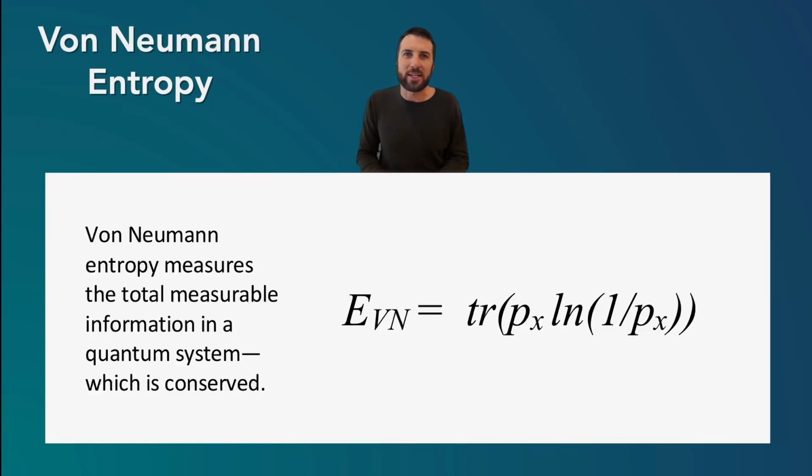Von Neumann entropy is the total measurable information in a quantum system. Now, quantum information, this von Neumann entropy, is posed to be conserved so that the total measurable information is always the same. Now, this may seem kind of interesting.